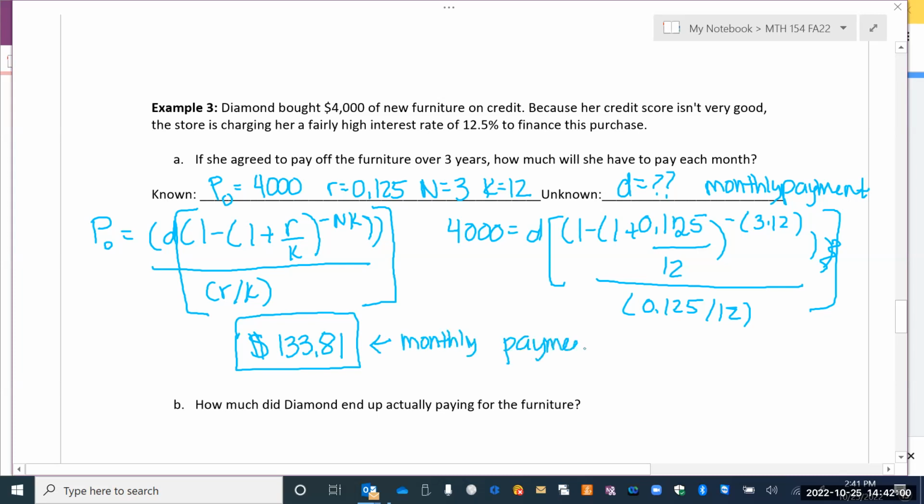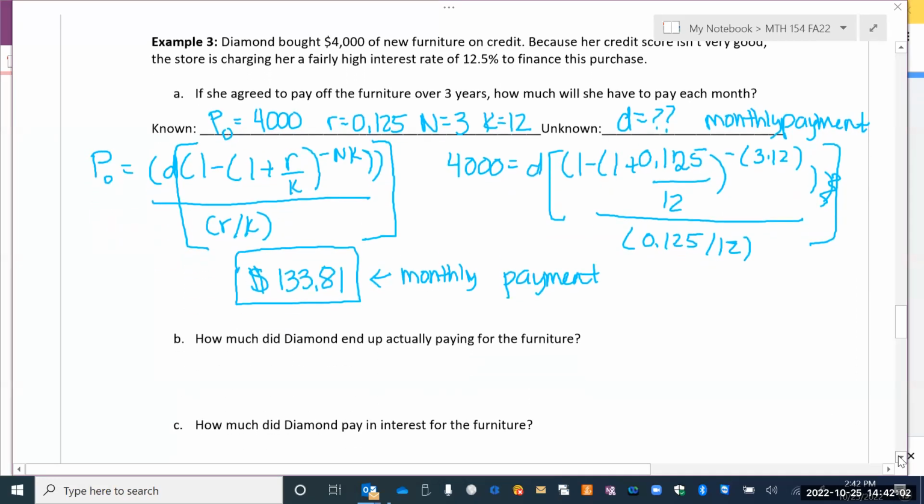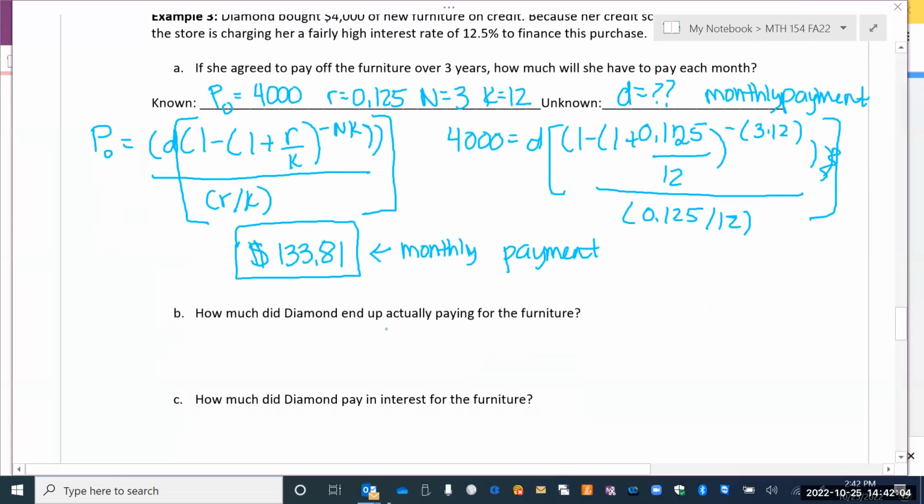And then the question is, how much did she actually pay, and how much interest? So the amount paid would be that monthly payment times number of months times number of years, D times K times N. So she ends up paying $4,817.16.